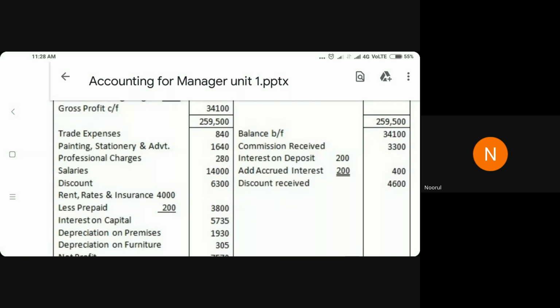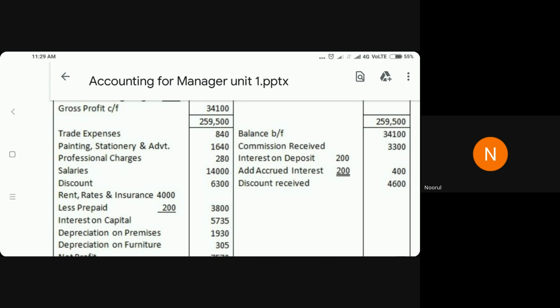Yes, you have paid this year instead of paying next year, so that is included. 3 months of next year's amount is included this year. So that is treated as a prepaid expenditure. That means you have paid in advance. That is treated as a current asset, right? So that is why, for prepaid insurance, you have to deduct it in the profit and loss account, and also show it as a current asset in the asset side.